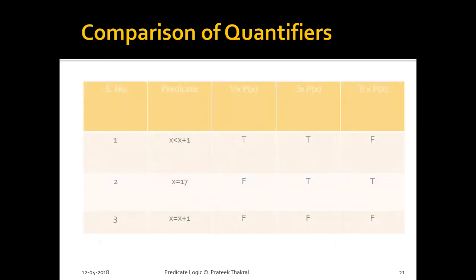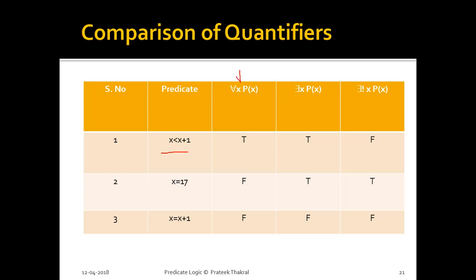Two more important points that we have to discuss. For any particular predicate, if the value of universal quantifier is true, then definitely the value of existential quantifier for that predicate will be true. Why is it so?